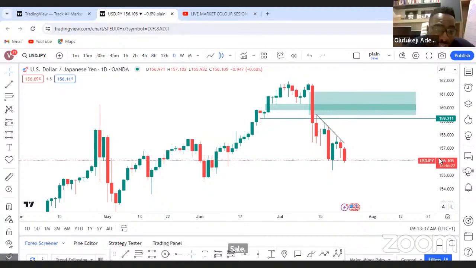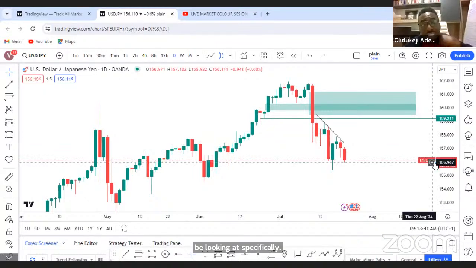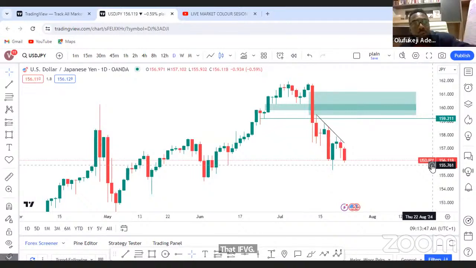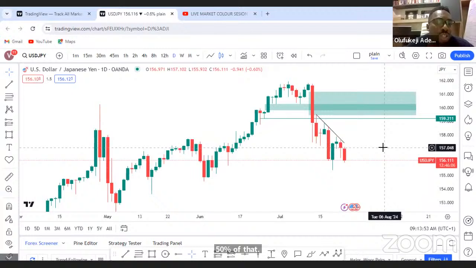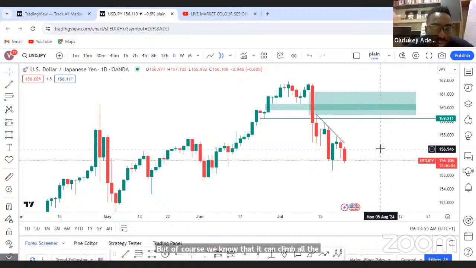Where will I be looking at specifically? I will be looking at that IFVG, the deeper green line. I'll be looking at 50% of that. But of course, we know that it can climb all the way to the top, right? So that's basically it.